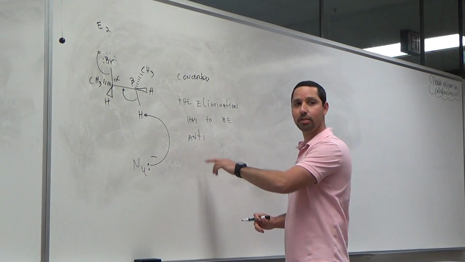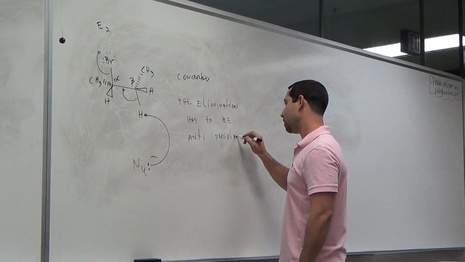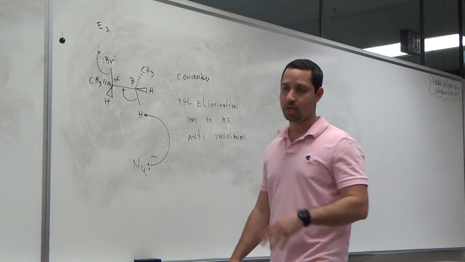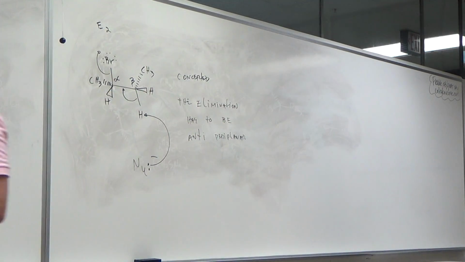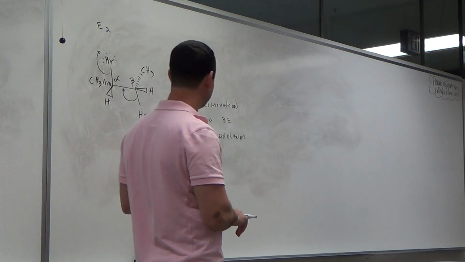That's called anti-periplanar. It means that it has to be on the same plane. Some people call it coplanar. Since I learned periplanar when I was a baby, that's what I use because it sounds fancy. Anti-periplanar, APP.